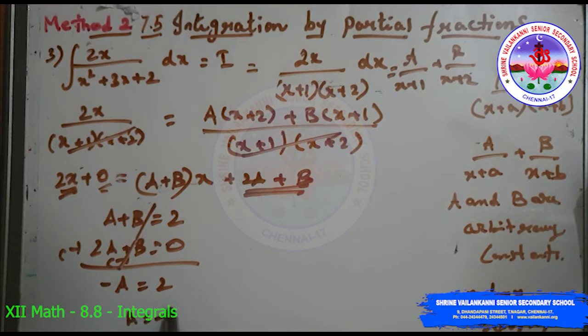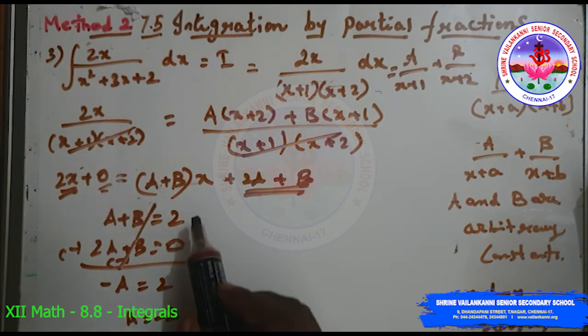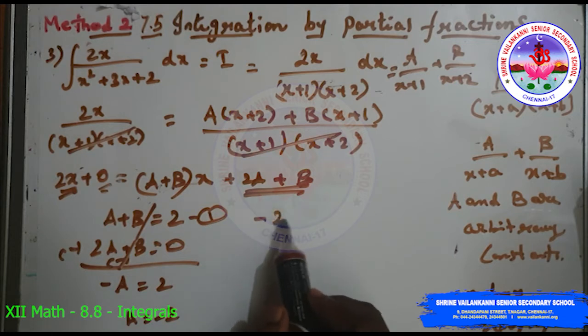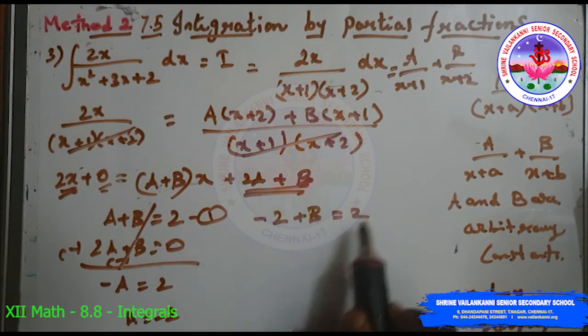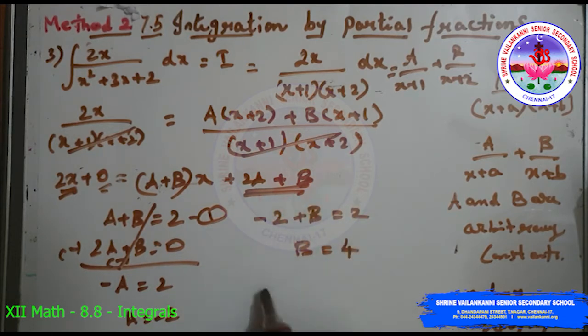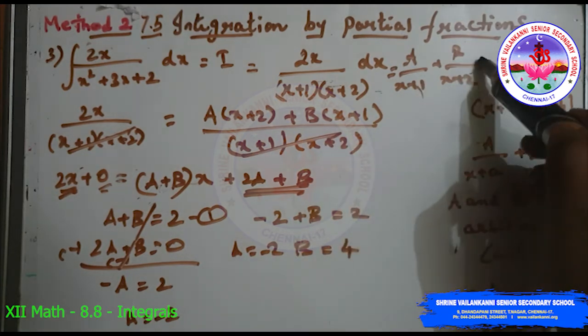So a equal to minus 2. Substituting this a in the first equation, we get minus 2 plus b equal to 2, so b is 4. A is minus 2, and b is 4.